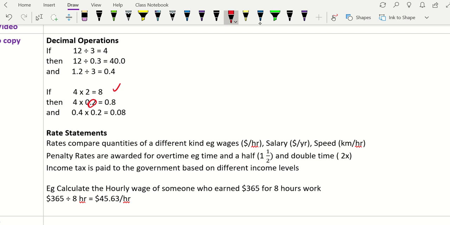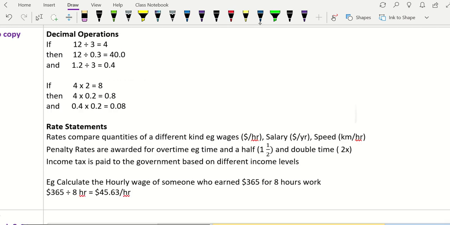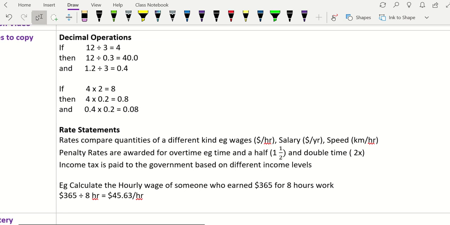Then I count the decimals and add that in. Now, if I have something with 2 decimals, I'm going to have to add 2 decimal places. So 0.4 times 0.2, well, I've got to count 2 decimal places, and you can see 1 and 2 decimal places to get 0.08. Now, I will get you to copy these bits of notes into your book.